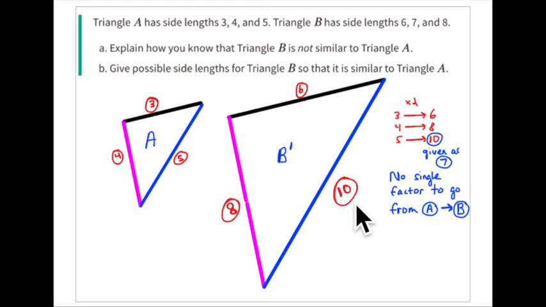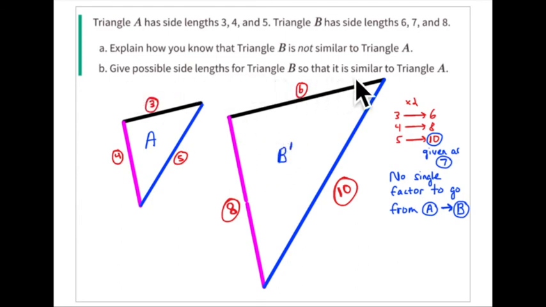Not 7, but you get 10. So the point is there's no single factor, the same factor that you can multiply by to move the lengths of A to the lengths of B. So no, you cannot draw similar triangles.